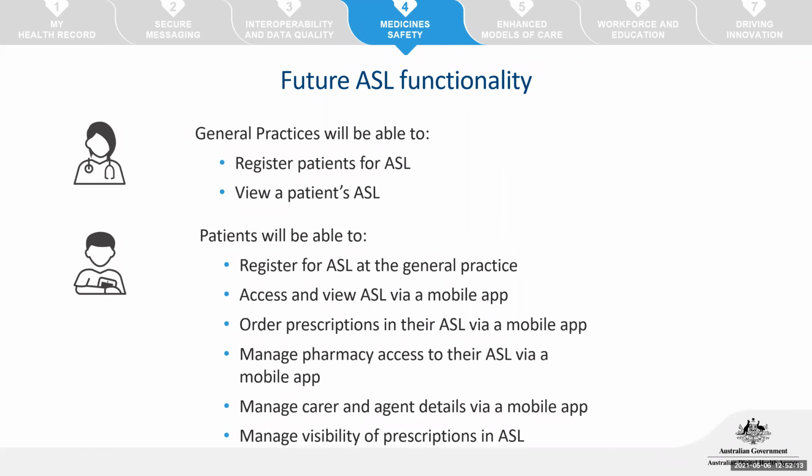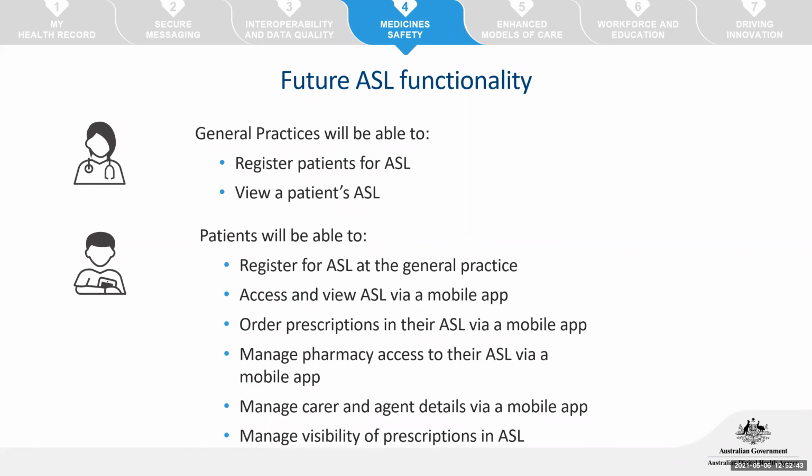There are also mobile applications in development that will allow the individual to access and view all of the prescriptions on their active script list, and also have the option to order prescriptions that are on this list and manage the access of pharmacies that do have visibility of their active script list, as well as any carer or agent details if they wish for someone to collect medications and manage their script on their behalf.